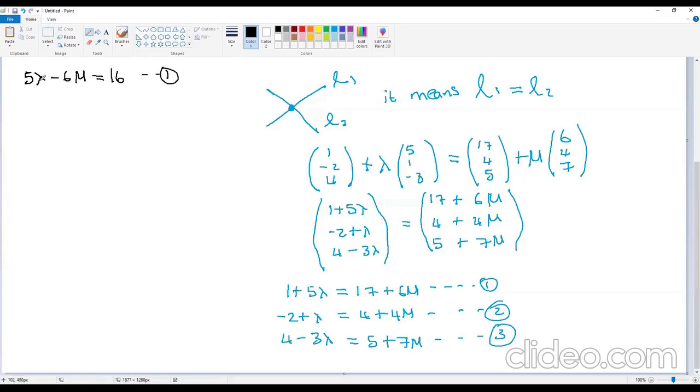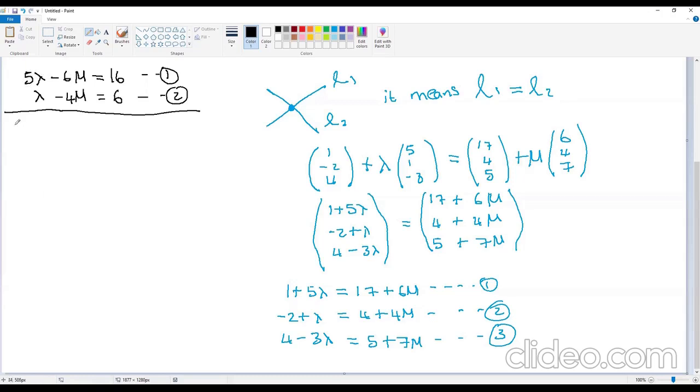And then the next one will be lambda minus 4 mu is equal to 4 plus 2, which is 6. It's the same equations 1 and 2, but I just wrote them differently. I'm gonna solve these two using elimination.